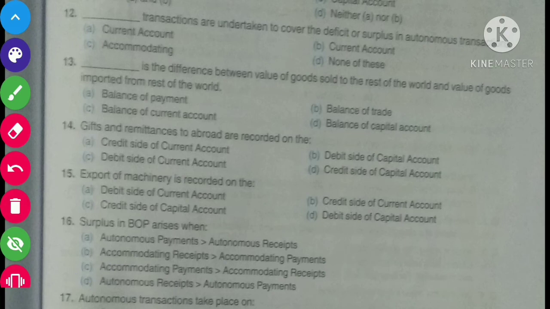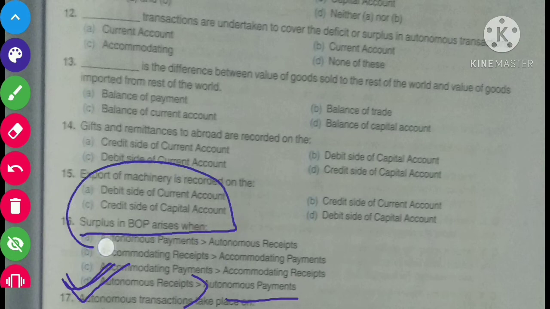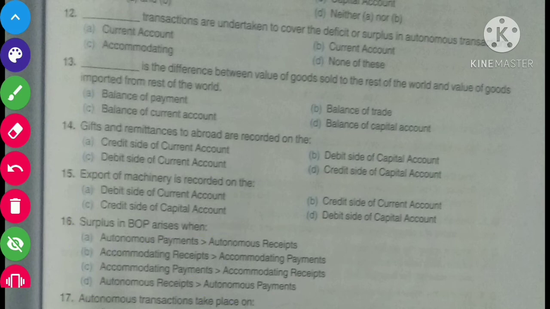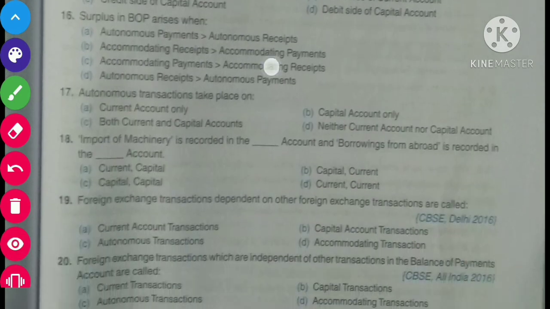Option D, accommodating receipts greater than the autonomous payments. Its correct answer is option D, autonomous receipts greater than the autonomous payment. Due to this, there will be surplus in BOP, balance of payment. Move to next question number 17.